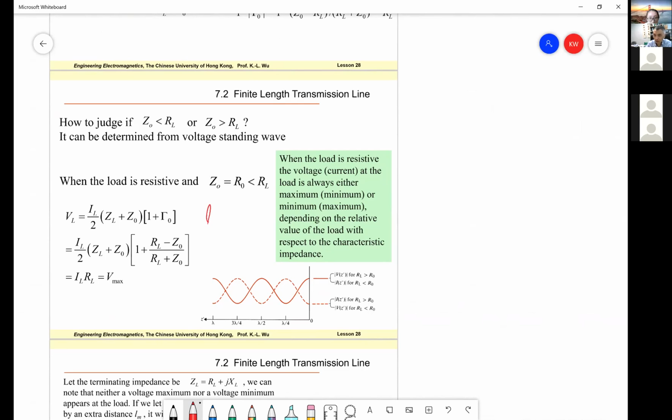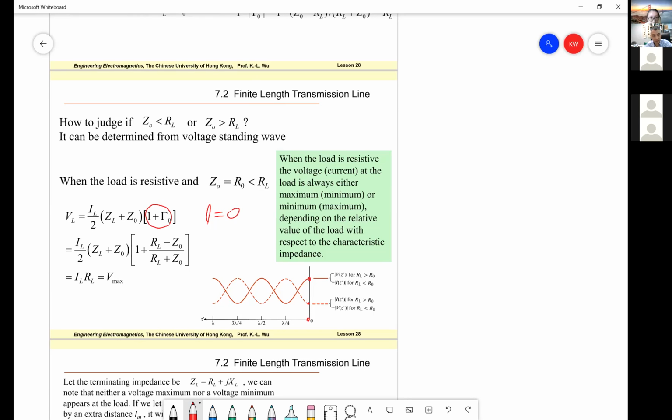So if the length L equals 0, that means the voltage at the load, then we can measure the voltage, and it is either the maximum or the minimum. In other words, if the load is real, the voltage is either maximum or minimum.